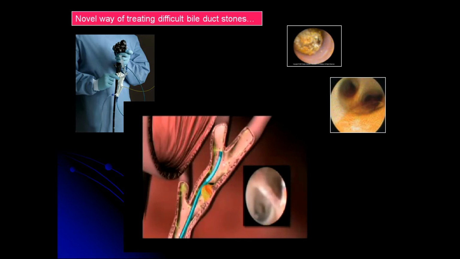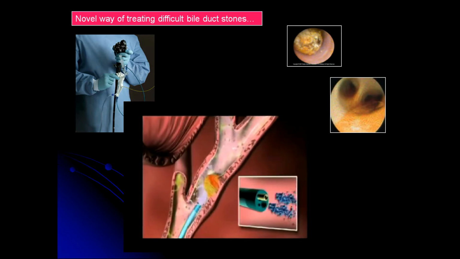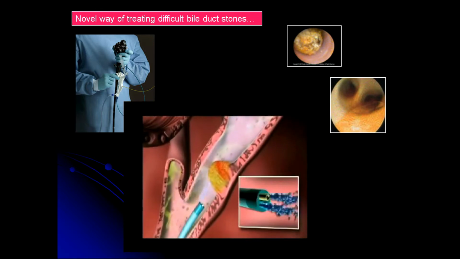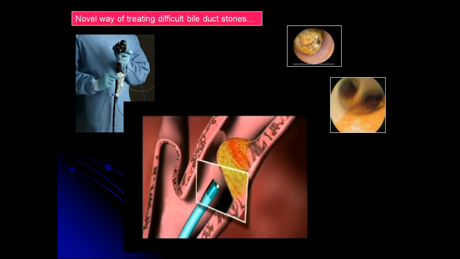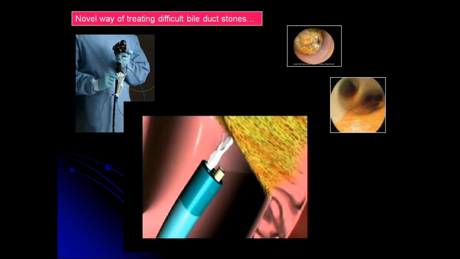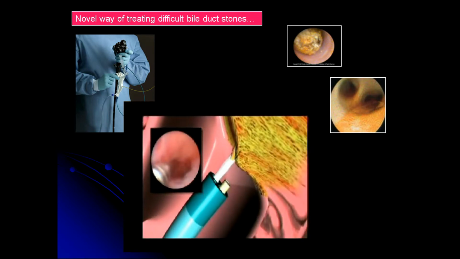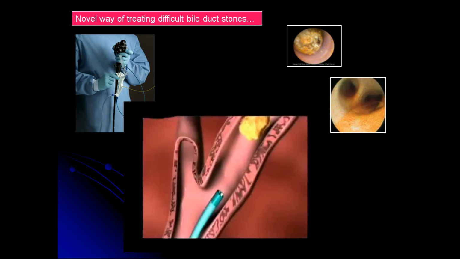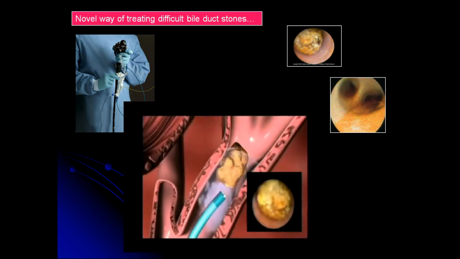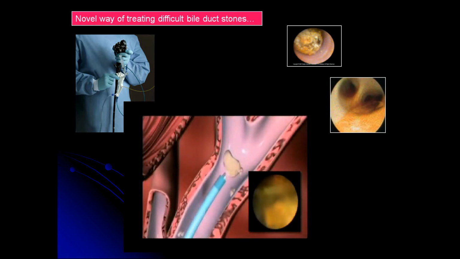So spyglass cholangioscopy and pancreatoscopy has revolutionized the management of biliary and pancreatic pathology. You can see that stones are blasted by laser and tumors are biopsied.